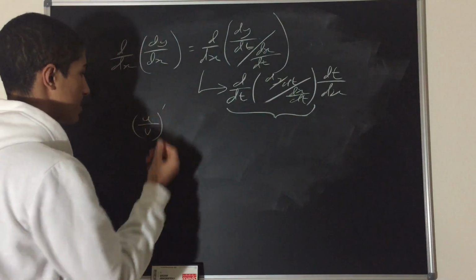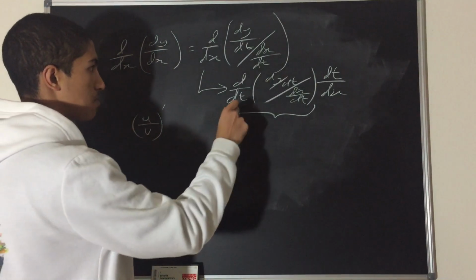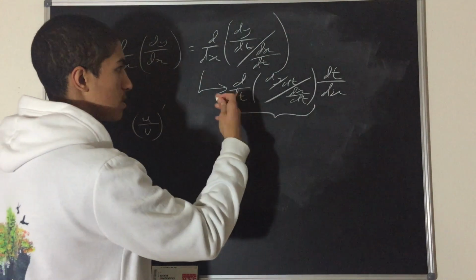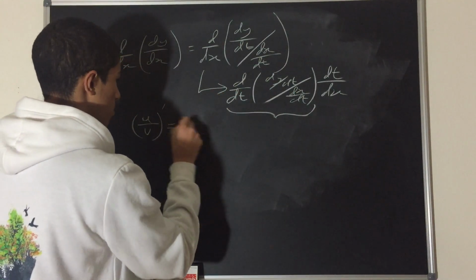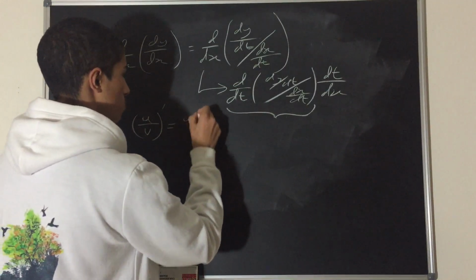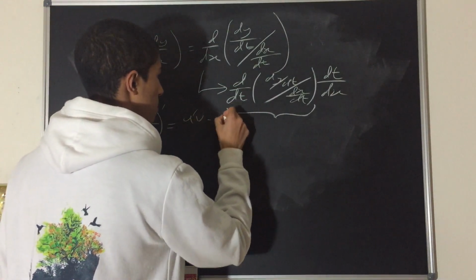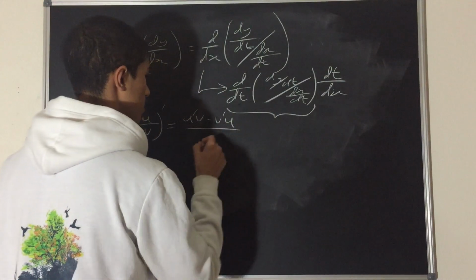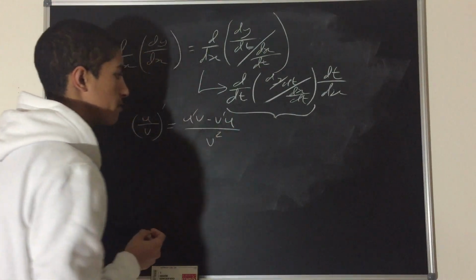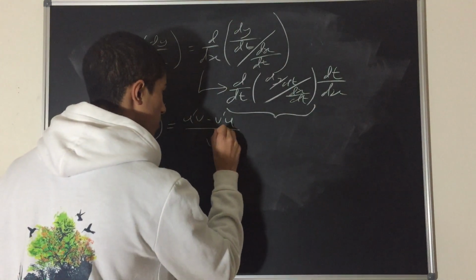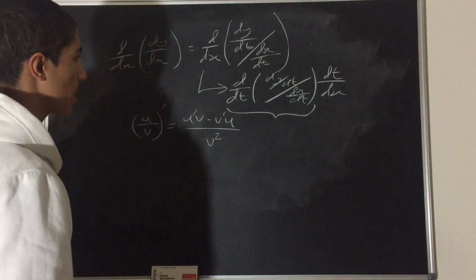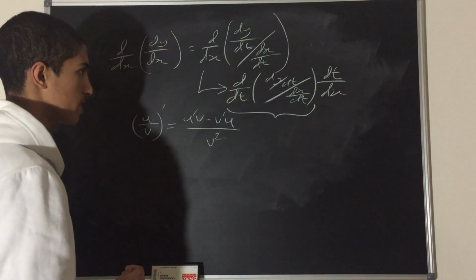So I'm going to take u by v whole prime, because I'm taking the derivative with respect to t of this entire function. So then u by v whole prime is equal to u prime v minus v prime u, all of this divided by v to the power of 2. And I'm going to employ that over here.